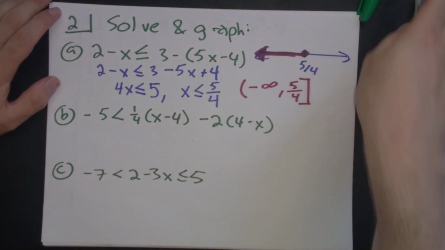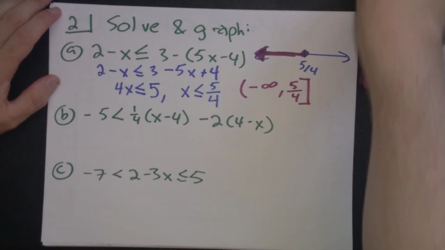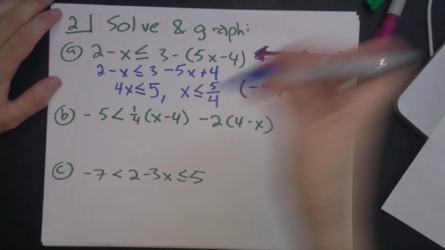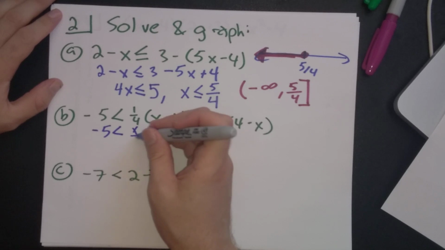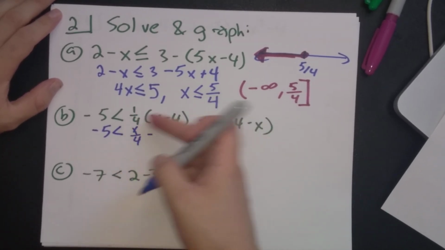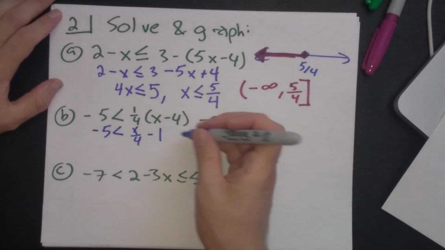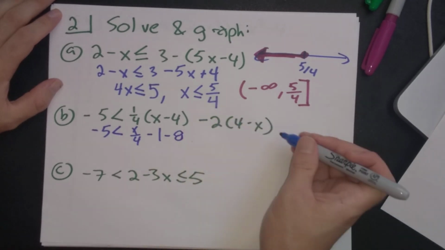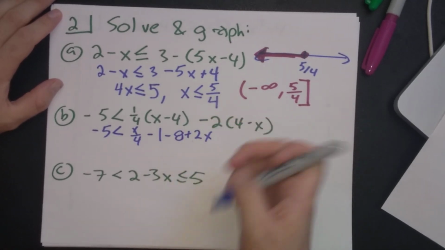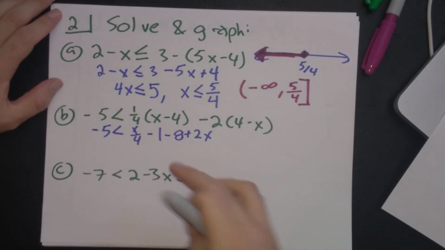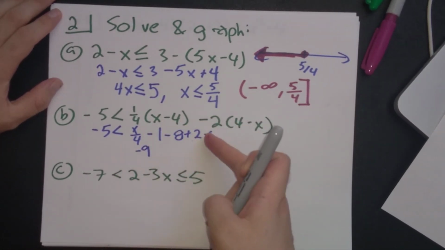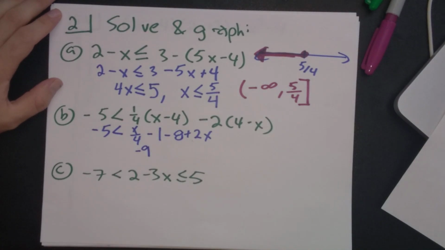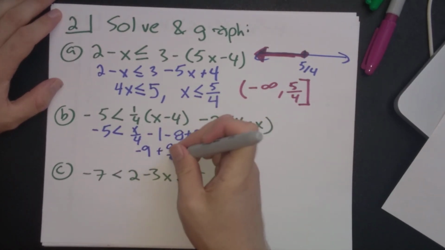Second problem here should be similar on this sheet. Let's start again by expanding things out. So x over 4, so 1/4 times -4 is -1. Minus 8 there, plus 2x. And so then -1 minus 8 is -9. 2x plus x over 4 will be 9/4 x.